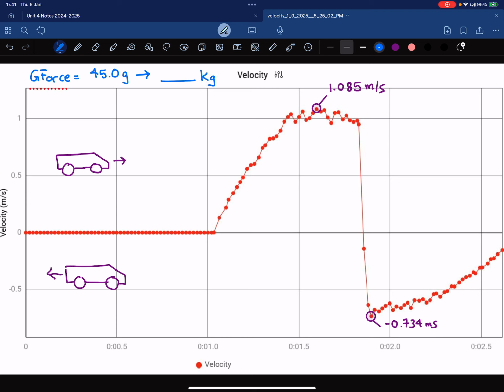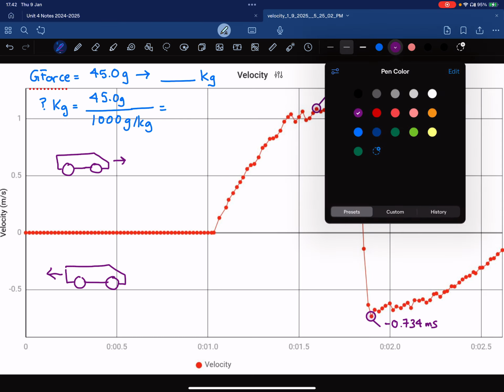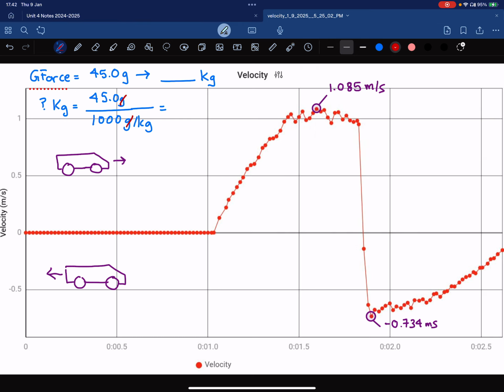So, in order to do that, you say how many kilograms is 45.0 grams divided by 1,000 grams per kilogram, because there's 1,000 grams in a kilogram. And so that is going to be 0.045 kilograms. And so that is the mass of your G-force car.